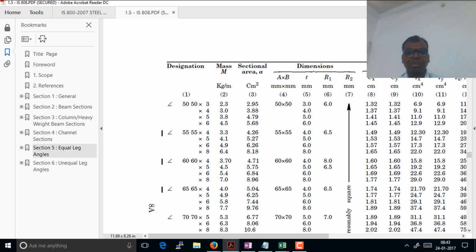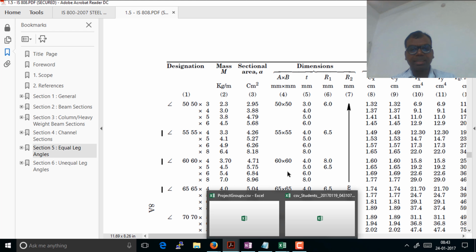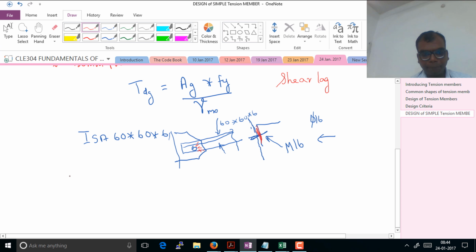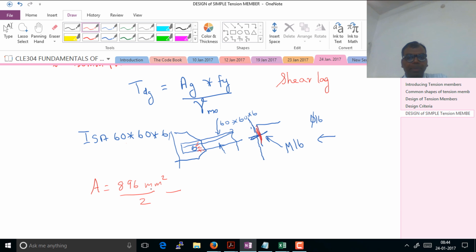What I am doing is I'm just going to take the area of 60-66, that is 8.96 cm squared, or 896 mm squared. The area is 896 mm squared divided by 2, minus the bolt hole, because we want the gross section area.